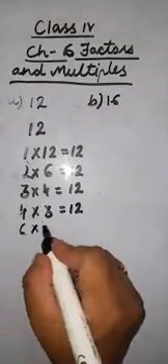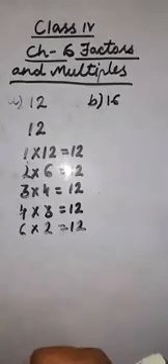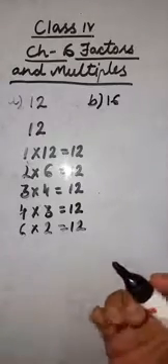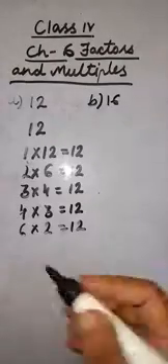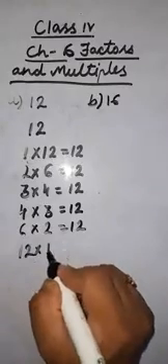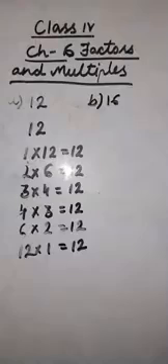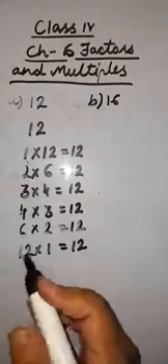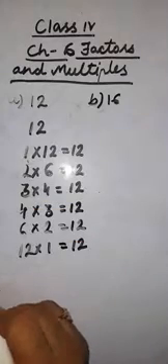6 multiplied by 2 is equal to 12. 12 does not come in the table of 7. 8 no, 9 no, 10 no, 11 no, and 12 itself. 12 multiplied by 1 is equal to 12. Now look at the factors of 12.